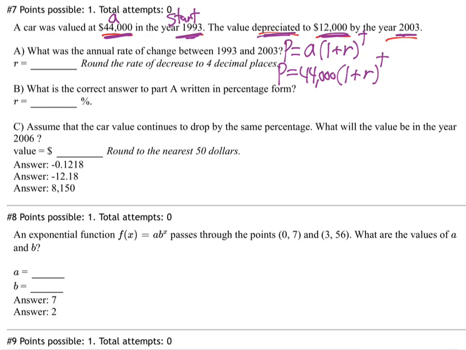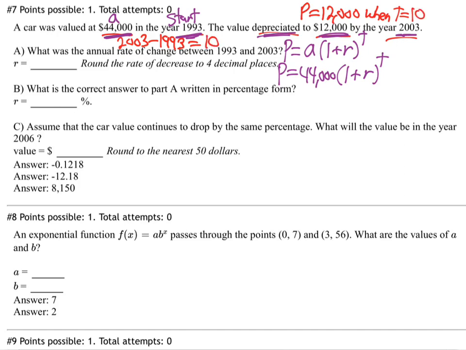What does that mean? Well, what that means is the P, the principal value, was 12,000 when T was the year 2003. Now, what's the year 2003? Well, 2003 minus 1993, because that's our starting time, that's 10 years later, isn't it?